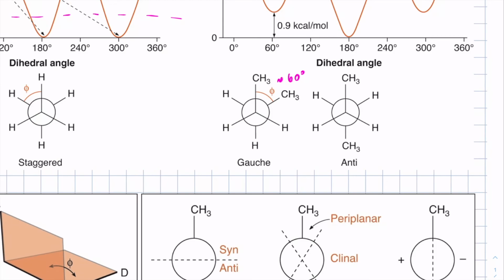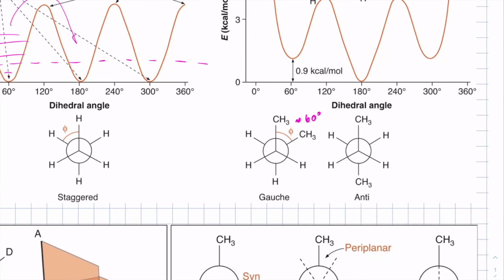And then if you're at a dihedral angle of 60 to 120 degrees, you're in this clinal region. So if you were on this side of it, it would be synclinal. It could be anticlinal. Alternatively, on the right side, people call that minus, and on the left side, they call it plus. So if you were over here in gauche, it would be minus gauche. If you were over here in gauche, it would be plus gauche.